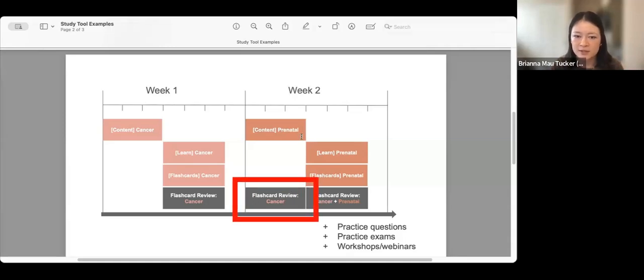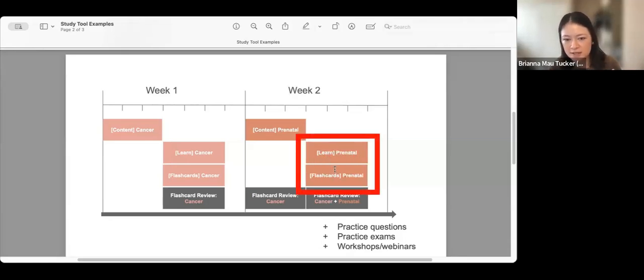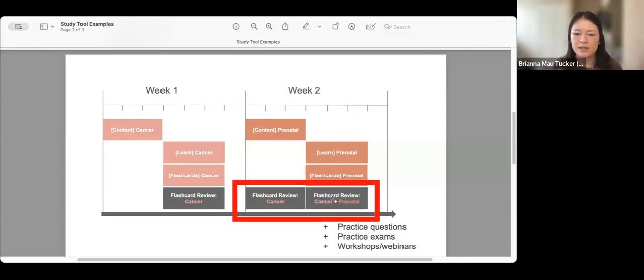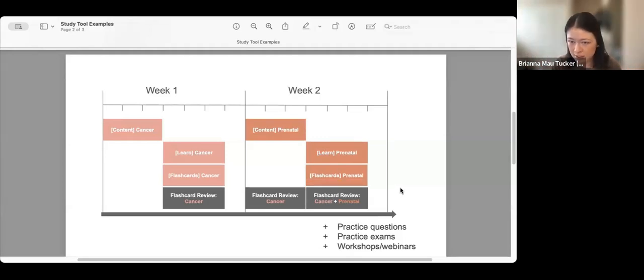Once I was done putting together my content for prenatal, I would start learning prenatal and creating my flashcards for prenatal. Of course, every day I was also doing flashcard review. And by this point, because I was adding prenatal cards to all my flashcards together, I would be studying cancer and prenatal.